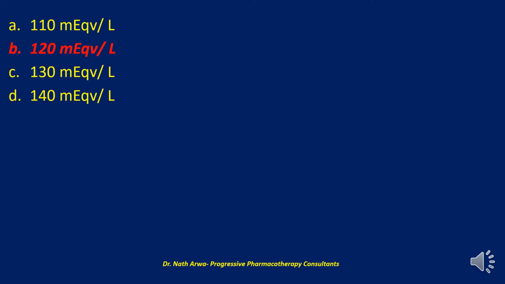Now, the correction of sodium based on glucose is to raise sodium by 1.6 for every 100 milligrams per deciliter of glucose over the 100 mark, and we do that up to the 400 milligrams per deciliter level, and from then on we raise sodium by 4 for every additional 100 milligrams per deciliter.